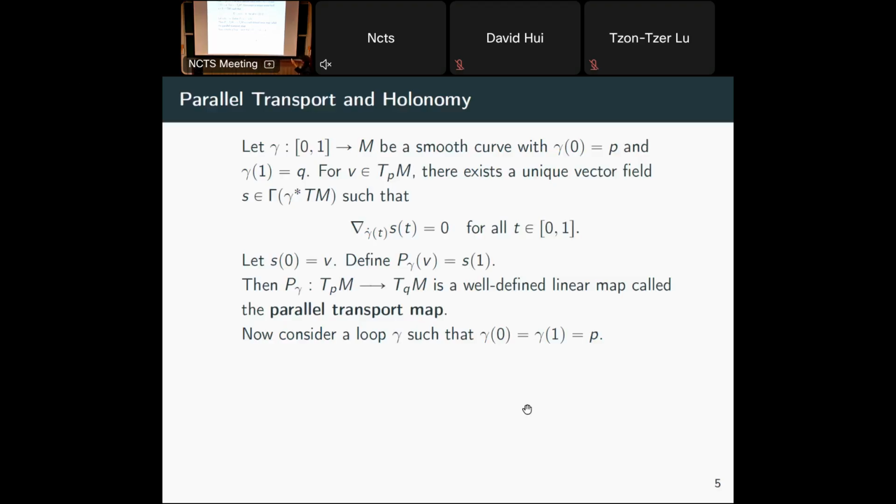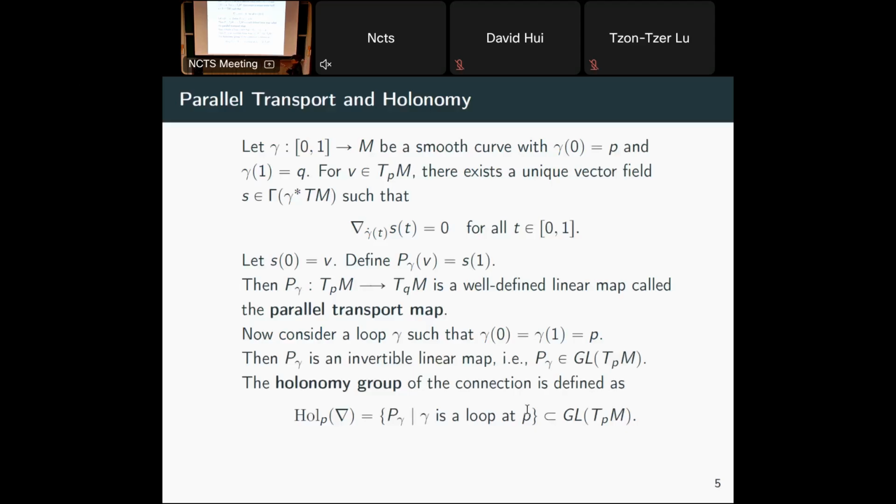So it is an invertible linear map, which means that map is an element of the general linear group. And so the set of all these parallel transports along loops will give you a group. And that group is called the holonomy group. And clearly you can see that's a subgroup of the general linear group.